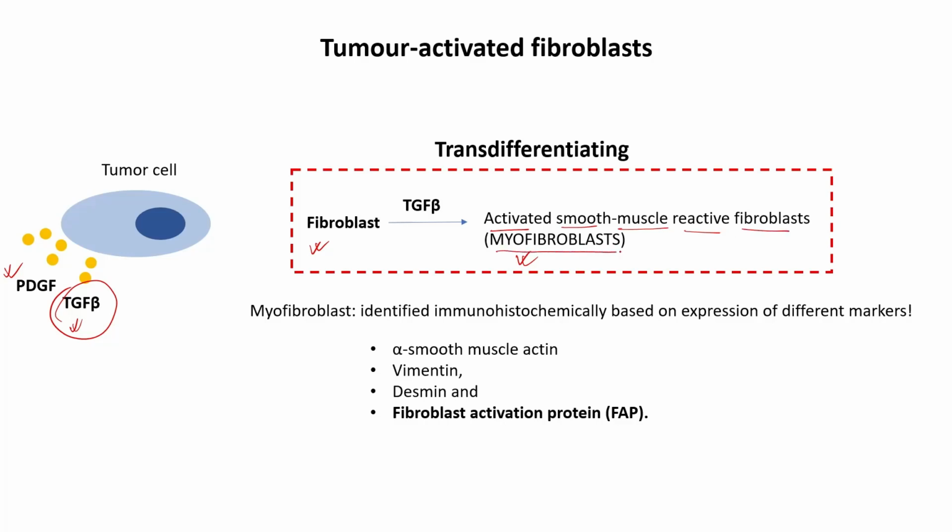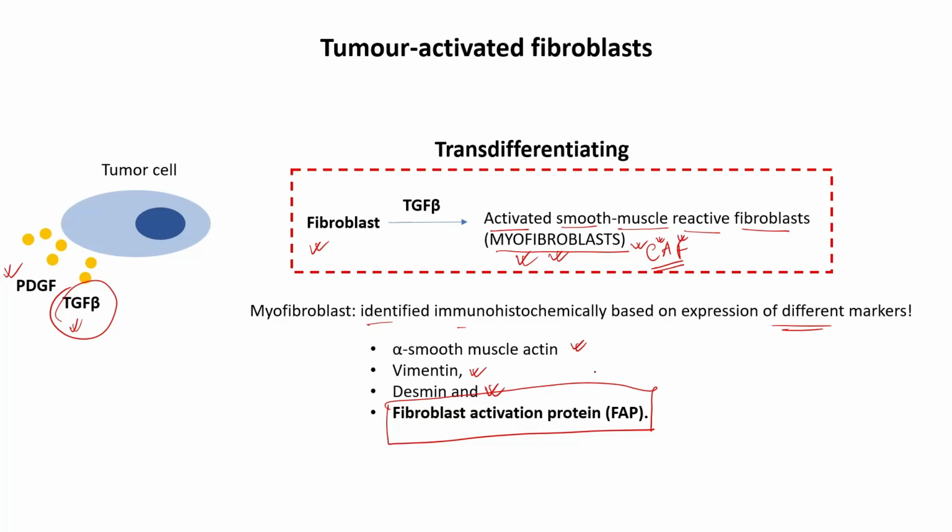And these myofibroblasts are also known as the CAF or cancer associated fibroblasts, and this group of fibroblasts are found mostly in cancer related tumors. And these myofibroblasts are identified immunohistochemically based on expression of different markers, and the markers which these myofibroblasts express are alpha smooth muscle actin, vimentin, desmin, and most importantly it expresses this protein called fibroblast activation protein.